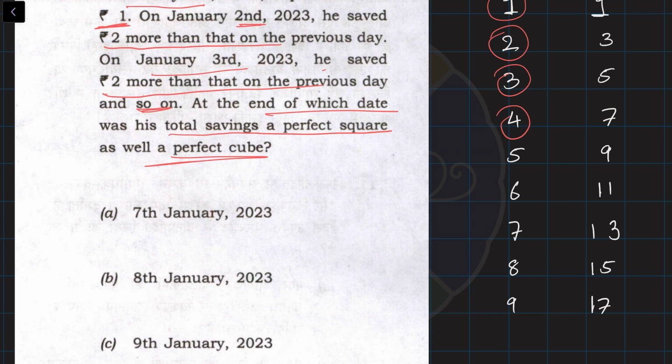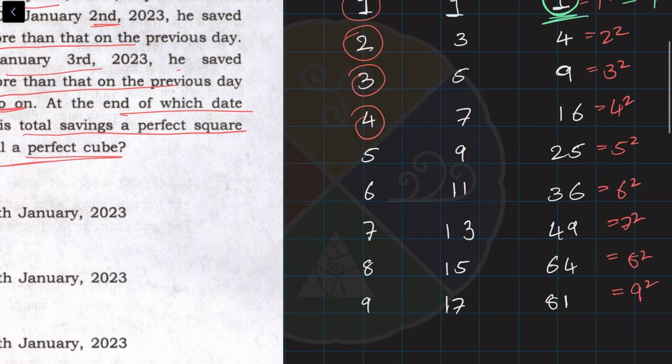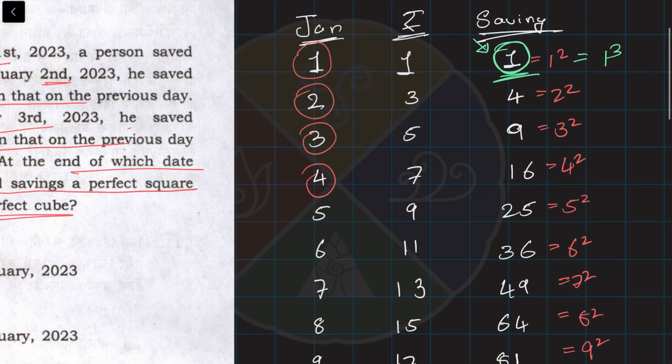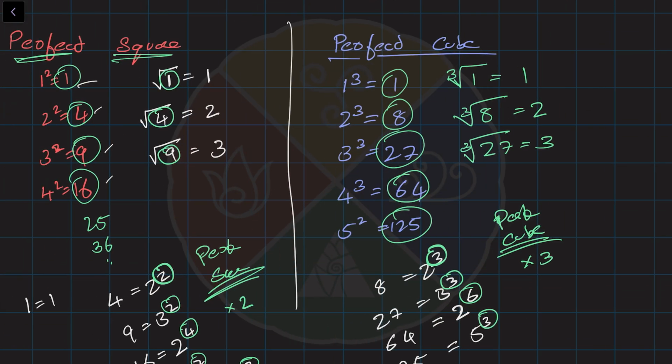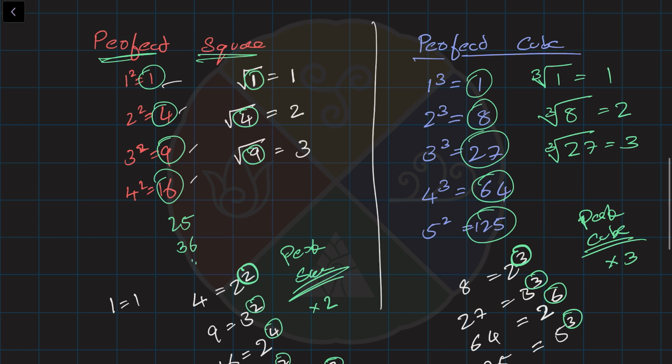At the end of which date is the total savings a perfect square and a perfect cube? So they are basically asking us for some other value just greater than 1, which is both a perfect square and a perfect cube. If you look at these numbers, you can keep going forward. You have lots of perfect squares: 5 square is 25, 6 square is 36, 7 square is 49, 8 square is 64.